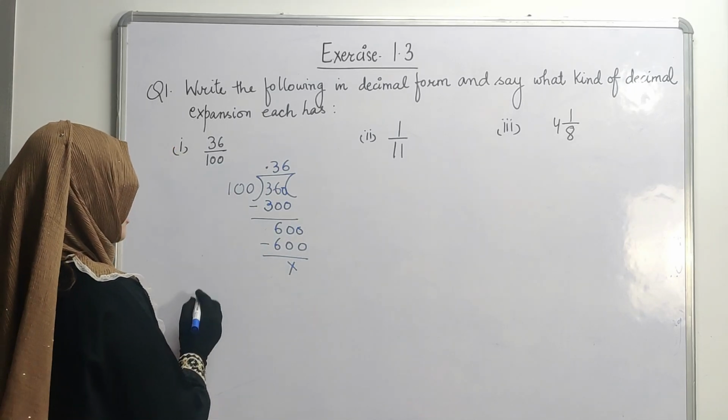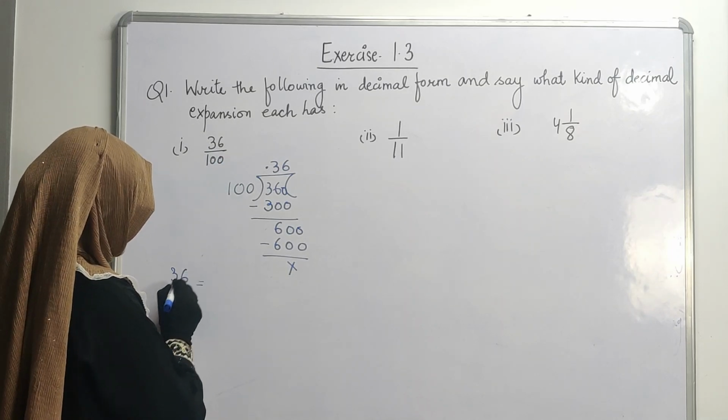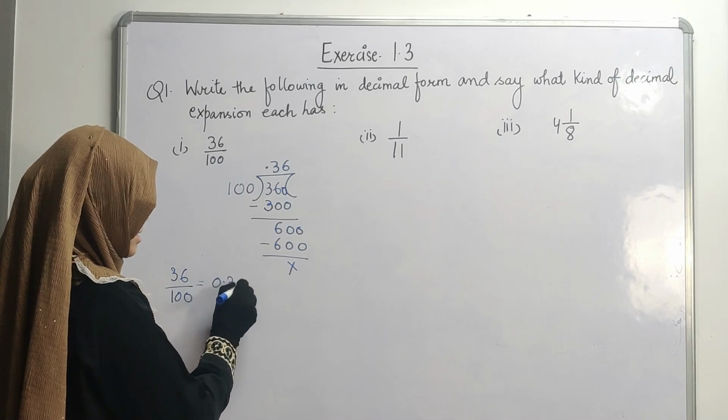The decimal expansion of 36 upon 100 is 0.36.